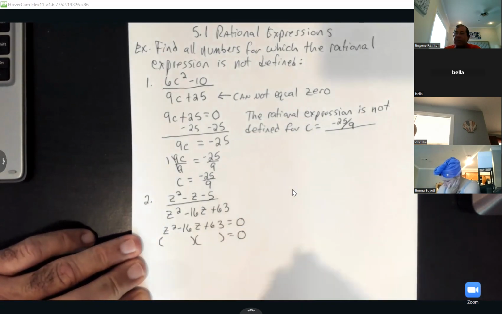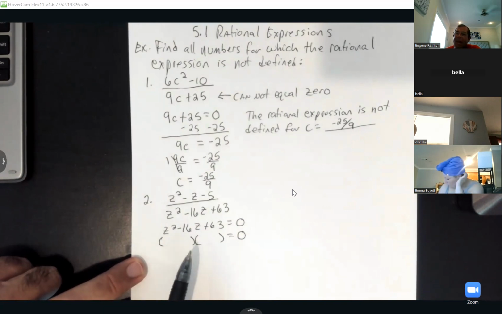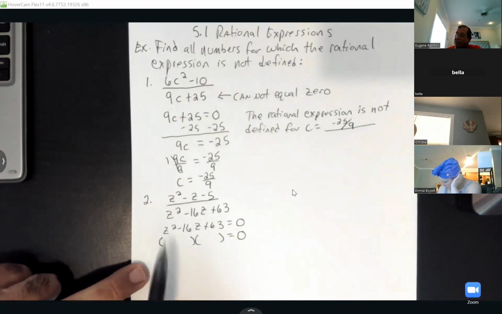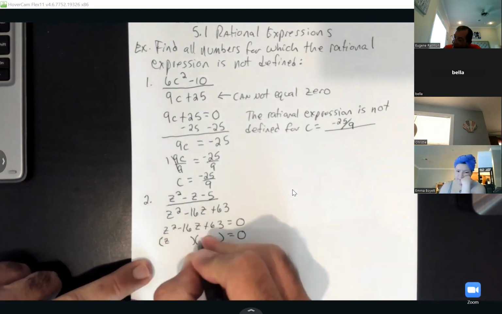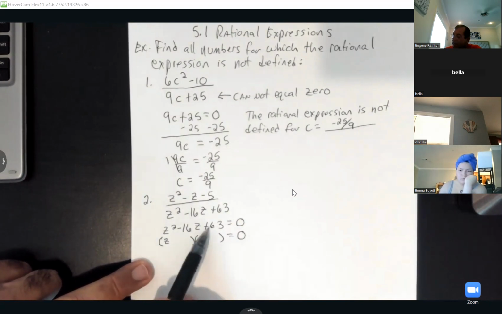On these, when we've got a z squared, the way we solve that is by factoring. So the z squared means you've got a z in the front of both parentheses. So watch this. I'm going to put my signs in here. Remember, the last number is positive.